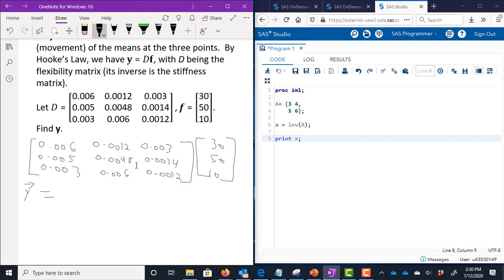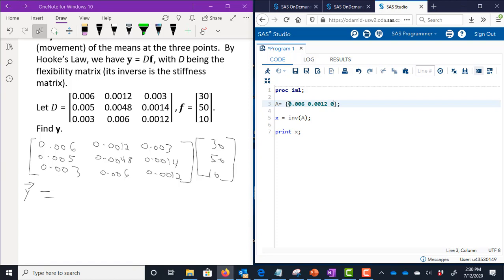But if we wanted to do it inside of SAS, which I would recommend doing in a case like this, we would need to copy that exact matrix in SAS. So 0.006, 0.0012, and 0.003 for that first row, 0.005, 0.0048, and 0.0014 for the second row, and the third row of 0.003, 0.006, and 0.0012.